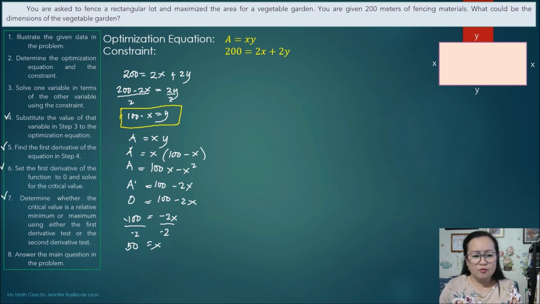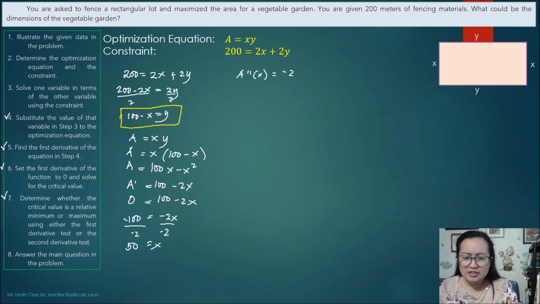Now let's see whether this critical value is a relative minimum or maximum. Let's use the second derivative test. If we get the second derivative, f double prime of x, from 100 minus 2x, that would be negative 2.